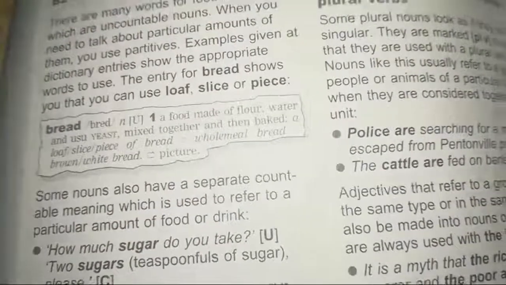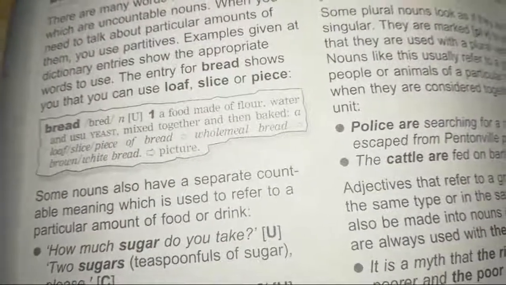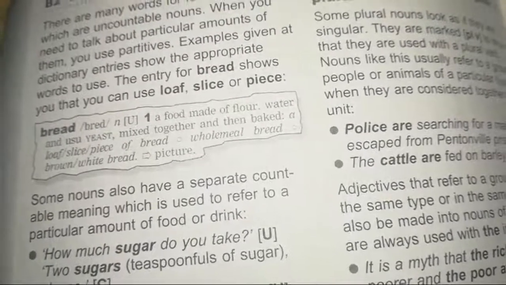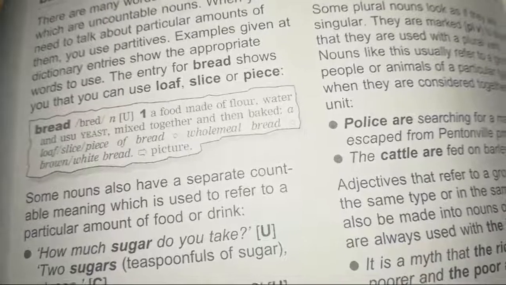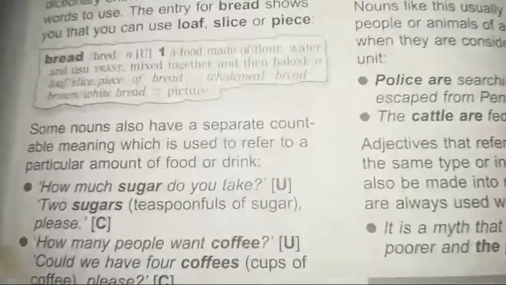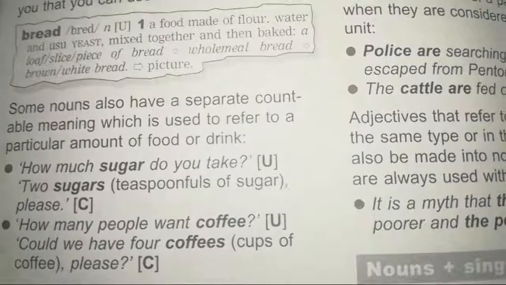Some nouns also have a separate countable meaning which is used to refer to a particular amount of food or drink. For example, how much sugar do you take?